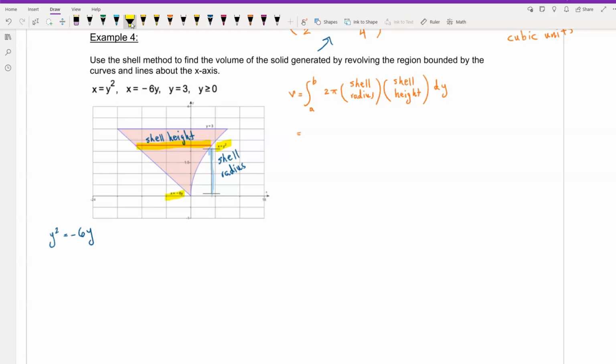So the expression for the distance between the two curves, negative 6y and y squared, or shell height, is y squared plus 6y. So that is the shell height. And finding the limits of integration, y is between 0 and, on top, y equal to 3. So y is between 0 and 3 inclusive.